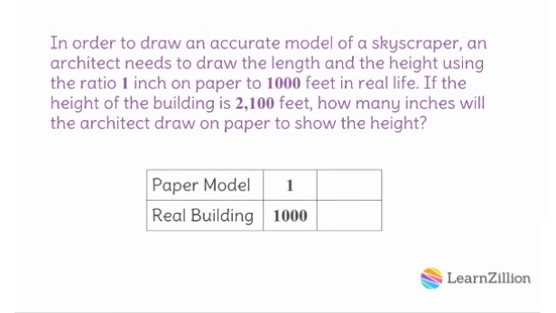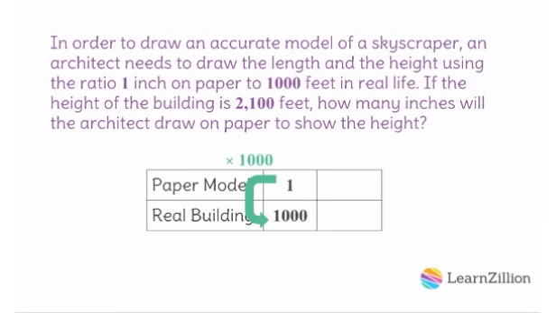This type of relationship looks a little bit different from what we did in the first example. We are going to look for a relationship between these two numbers using multiplication. I know that 1 times 1,000 gets me to 1,000. We can use the inverse of this relationship in order to find our missing number in the table.